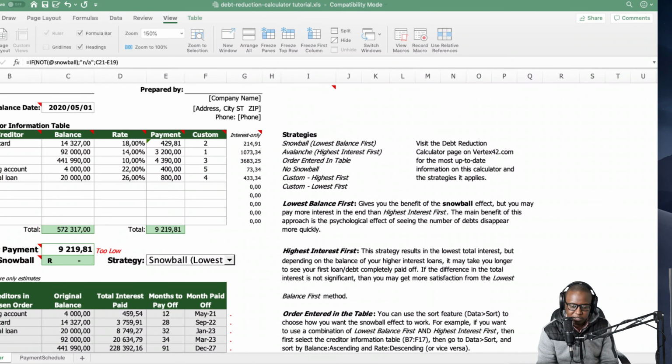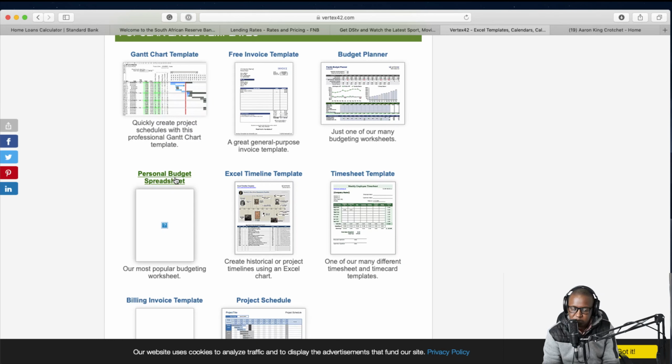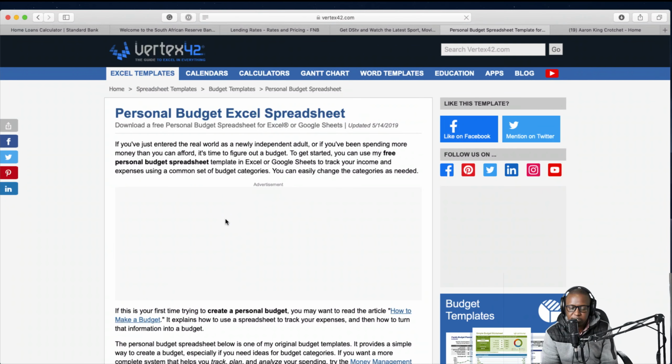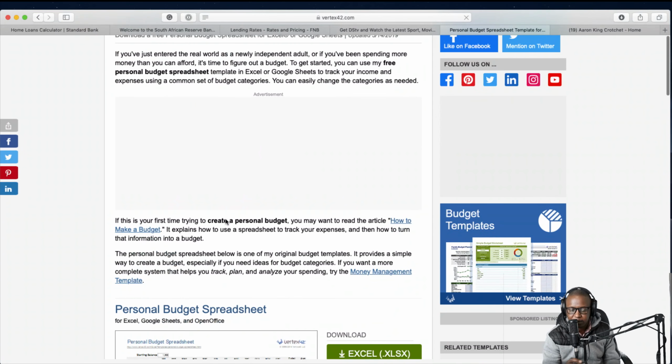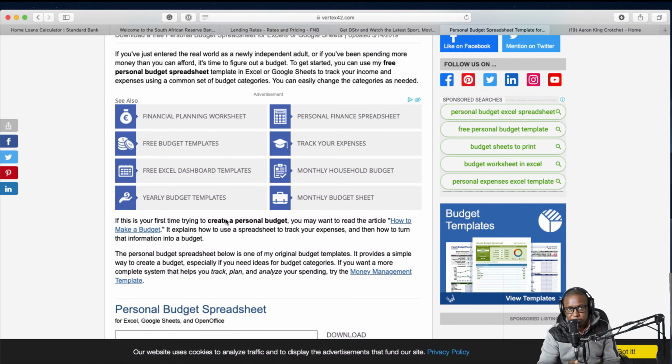You can download the budget from Vertex 24, called the personal budget spreadsheet. In this spreadsheet, you'll have your income first, less all your monthly expenses.